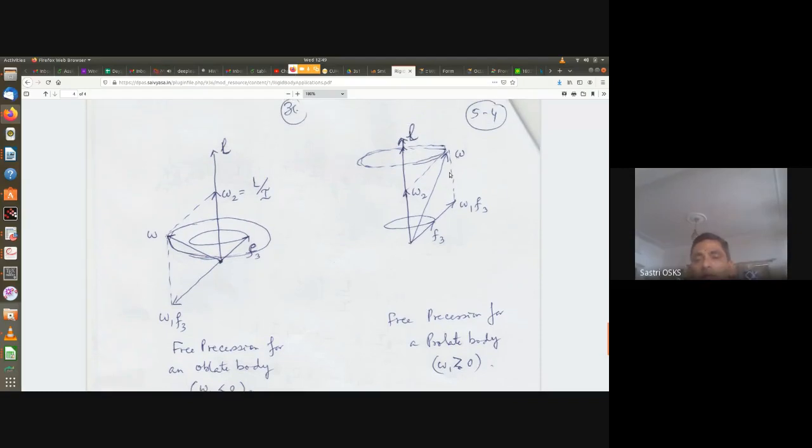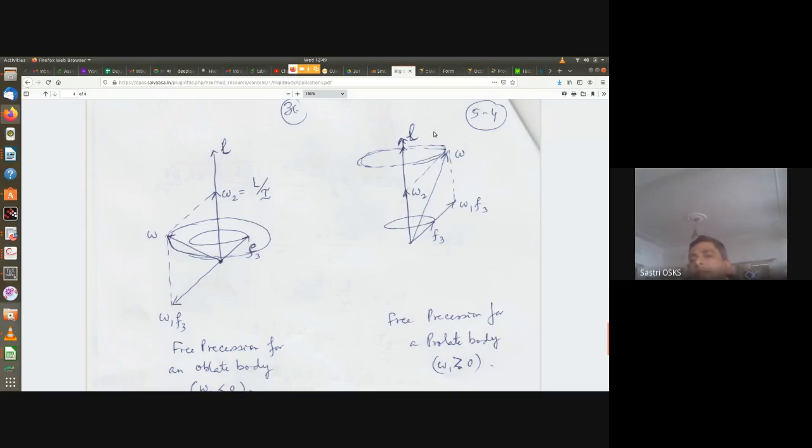So overall, what happens is you have omega 2 plus omega 1 F3. These two together will give you omega. So you see here omega is in this direction. That is, the top is actually rotating like this about this axis, but it is also precessing about the angular momentum axis. That's why there are two precessions.